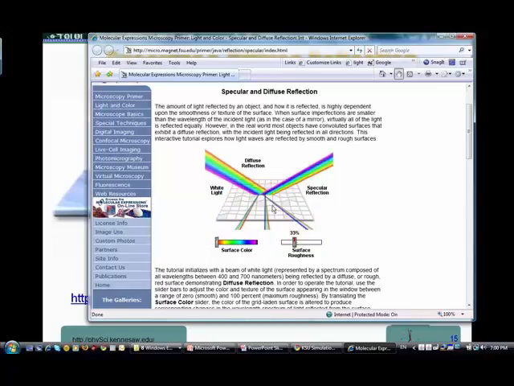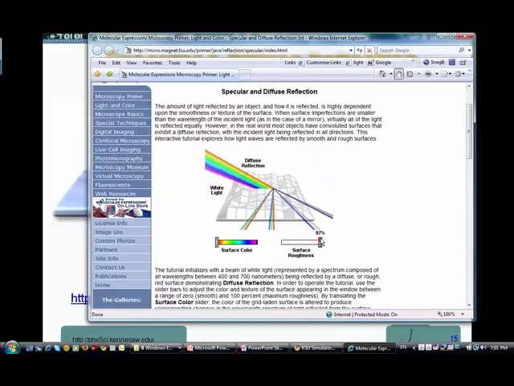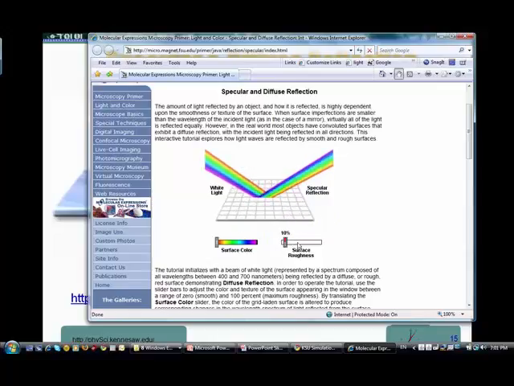And then notice how the light is reflected, and depending on the roughness of the surface, we are going to get light in more directions. And of course, diffuse reflection in real life is going to be even more complex than this. The structure is going to be more complex, and you are going to get light in all possible directions, not just the limited ones we see here.